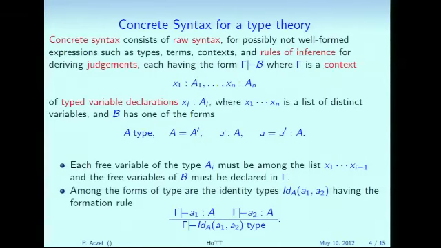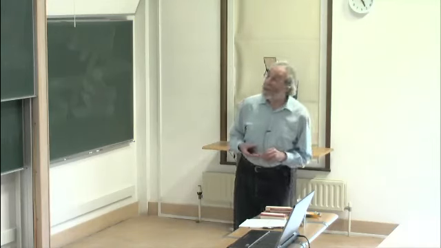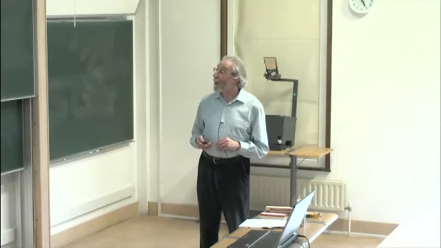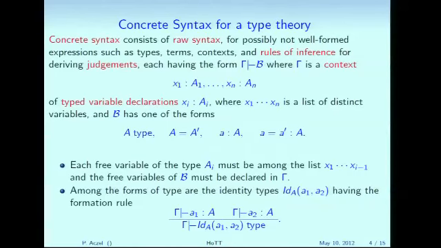which from the logical point of view are types expressing the usual mathematical notion of equality between objects of a type. And they have this formation rule. If we have two terms, a_1 and a_2 of a type A, we can form this identity type. And this is a clear way where types can depend on variables, because there may be free variables in a_1 and a_2, and then they will become free variables in the identity type.